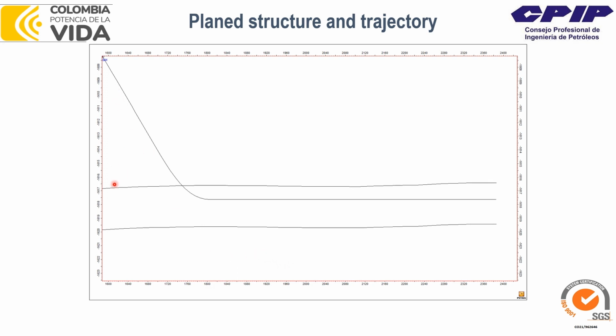You've seen that we started the drilling from this geometry. At that moment we were thinking that the geometry of our pay zone was almost flat, and we planned our trajectory to be 90 degrees, landed and drilled inside the upper part of this pay zone.